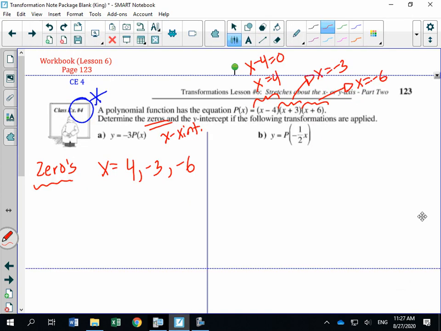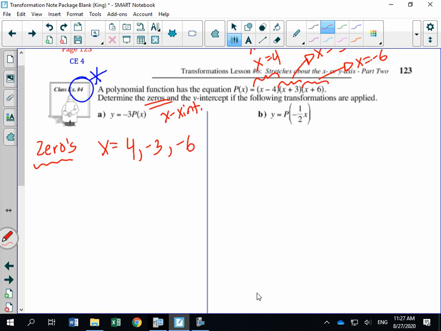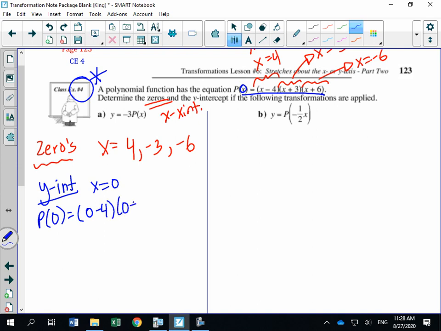Now here's the thing. I might ask you to show me this algebraically. So how you would show that, the y-intercept, is when x is equal to 0. So within this function, we're going to put a 0 in for our x. So p of 0 is equal to, whenever you see an x, put in a 0: 0 minus 4, 0 plus 3, 0 plus 6.